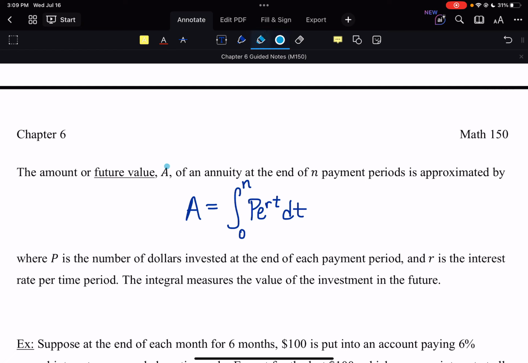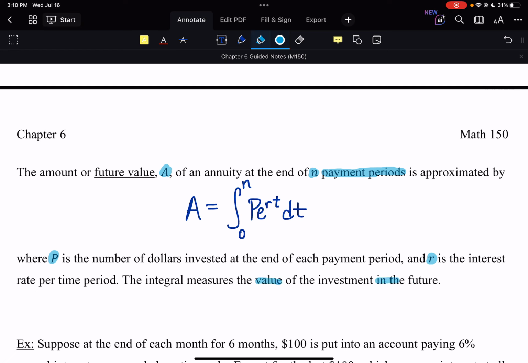So the future value is A. N is the number of payment periods. P is the number of dollars invested at the end of each payment period. R is the interest rate per time period. And the integral measures the value of the investment in the future.